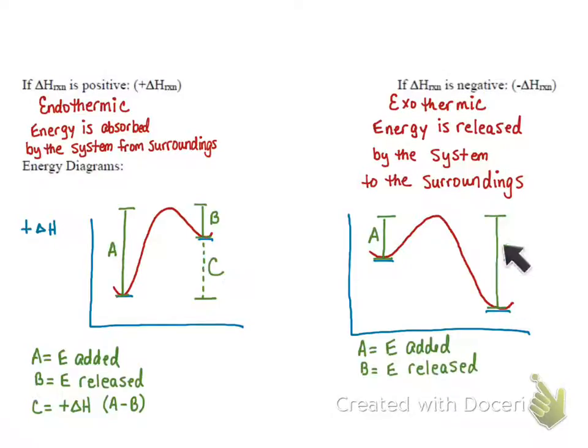And B is the energy that is released at the end of the reaction, or when the products are formed. Just like before, the distance C is A minus B, and because in this case we get more energy back, B, than we put in, ΔH is going to be negative.